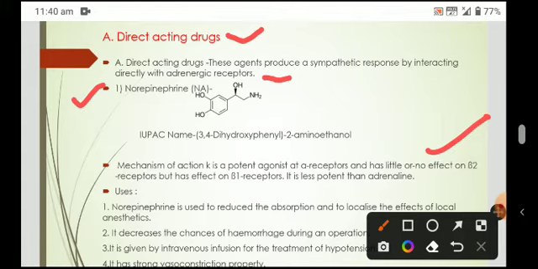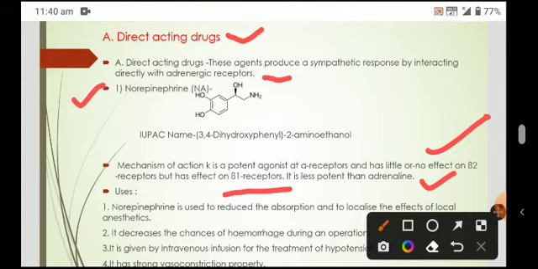But it does have an effect on the beta 1 receptor also. It has no effect on beta 2 but a little effect on beta 1 receptor. It is more potent than adrenaline. As compared to the adrenaline hormone, it is more potent.